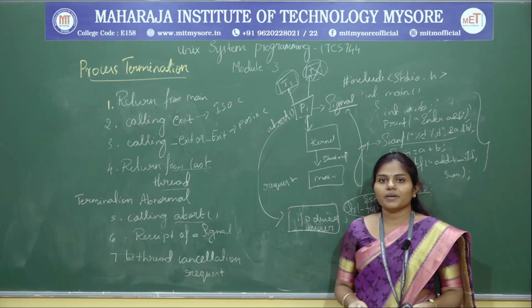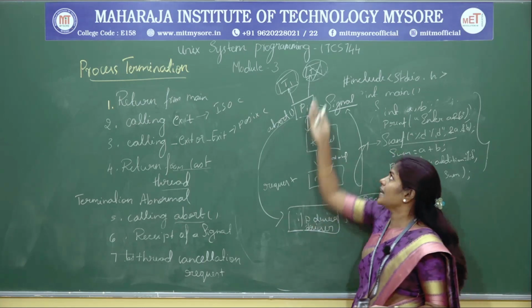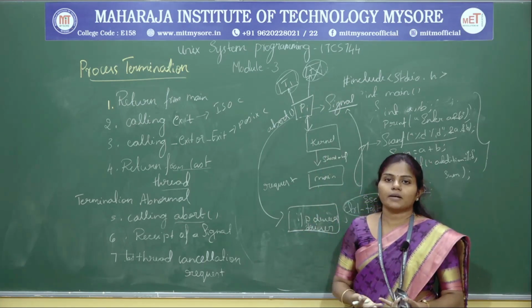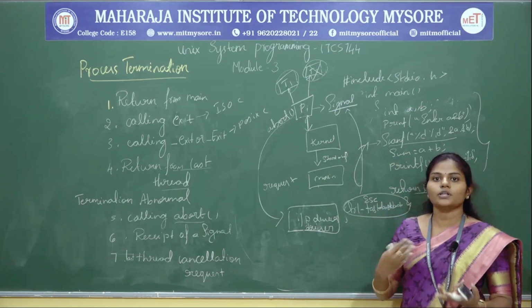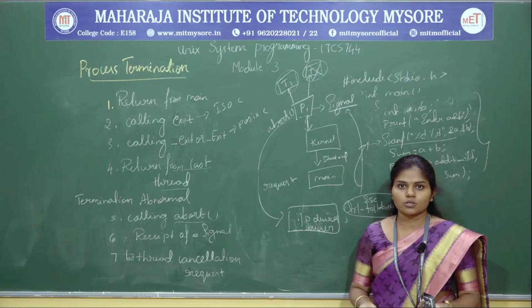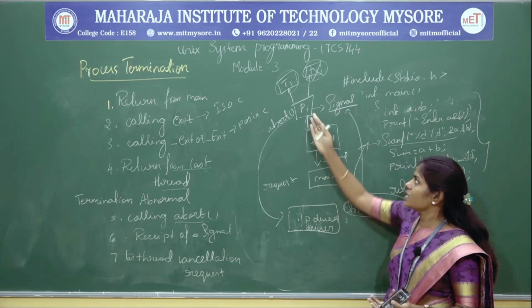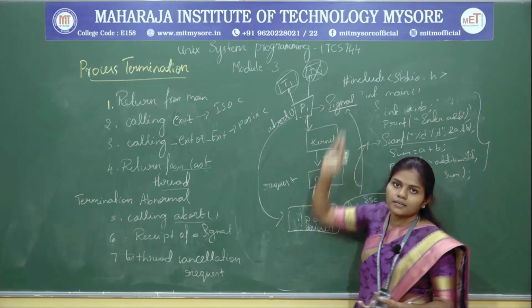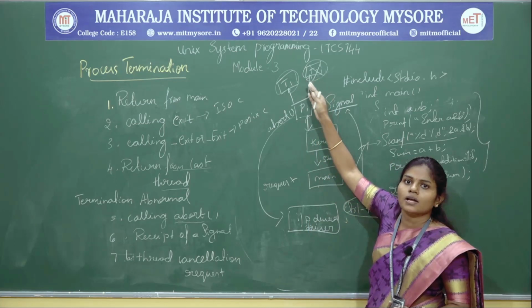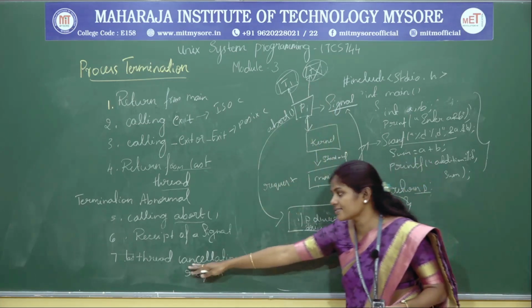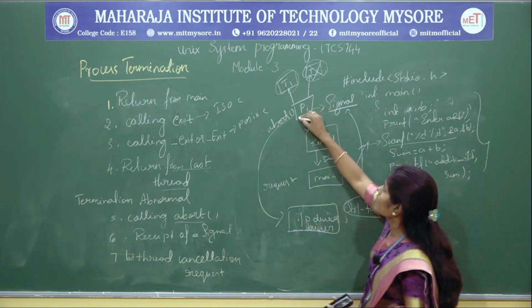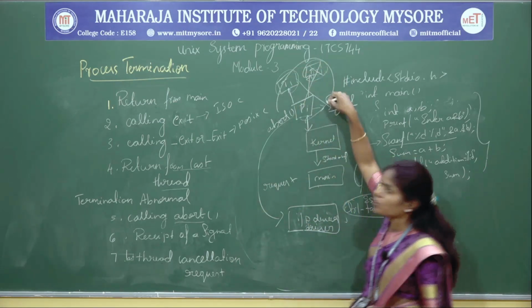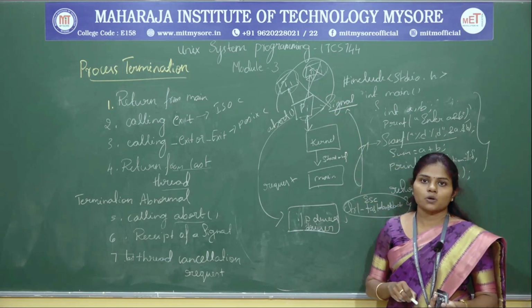Suppose thread 2 is taking more time executing this statement and taking more system resources. In that case the process can cancel this thread. When the last thread is cancelled, that is the last thread cancellation request, the whole process terminates abnormally.